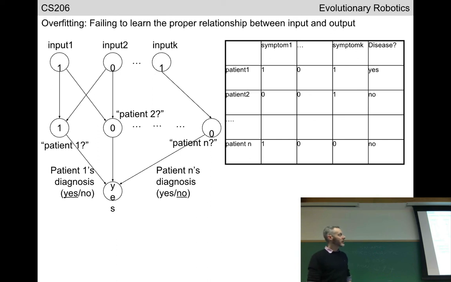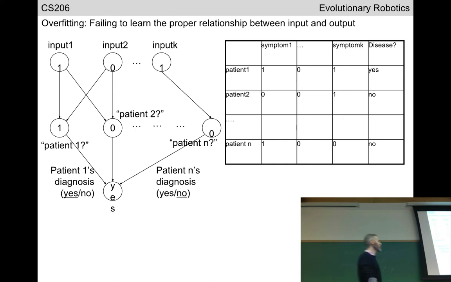It is still a truth table. We now have more inputs. So we have k inputs, and each input corresponds to whether a given patient is registering a given symptom or not, yes or no. And the output neuron is whether they are manifesting a disease of interest or not.